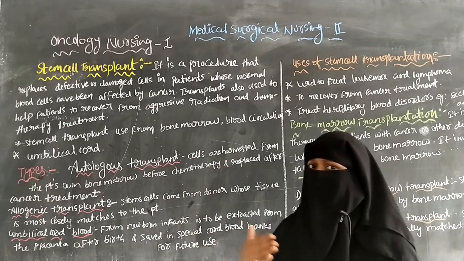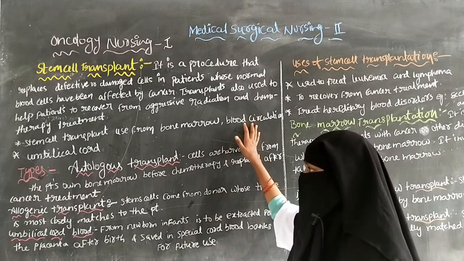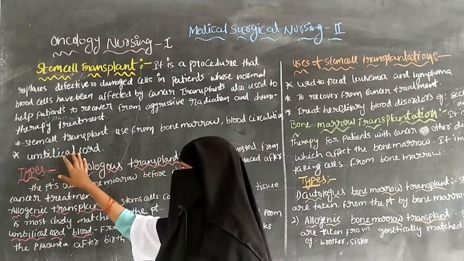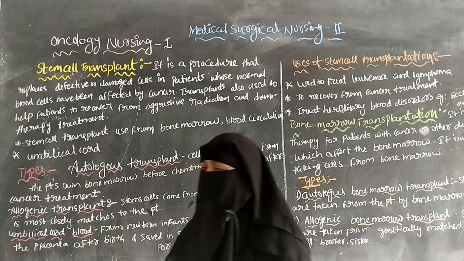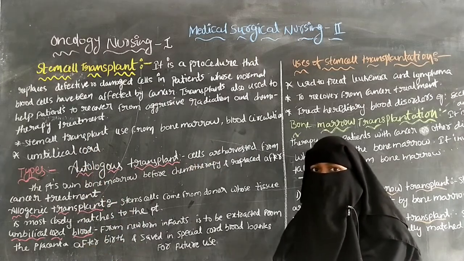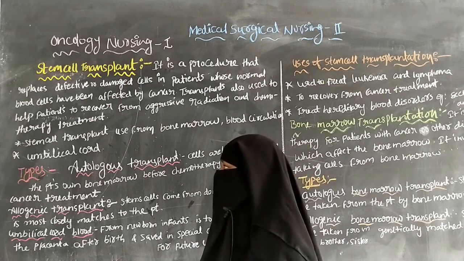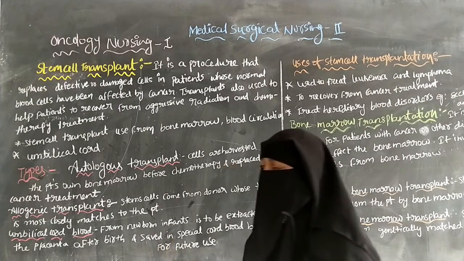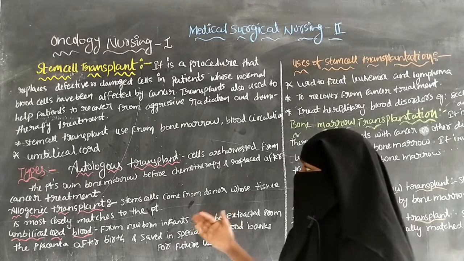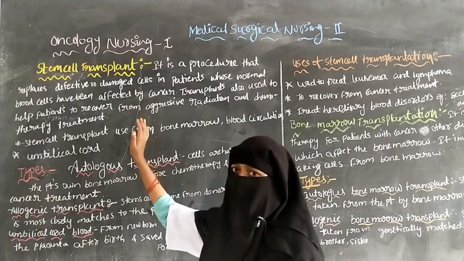The next source is the umbilical cord: after the baby is born, the stem cells can be taken from the umbilical cord for stem cell transplantation.